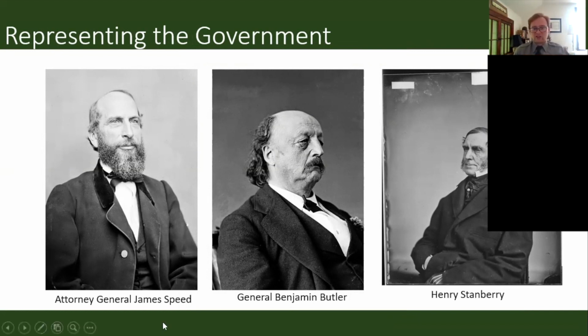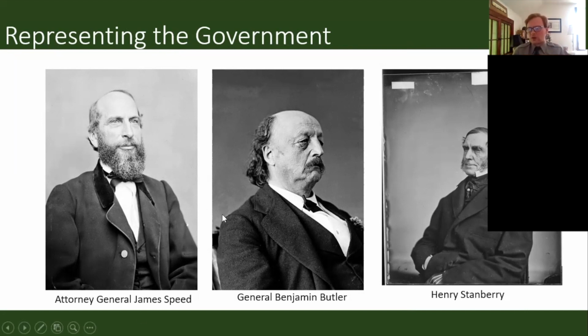Joining him as co-counsel was a former attorney general of the United States, Henry Stanbery, who's from Ohio, and Union General Benjamin Butler, who was most famous for his occupation of New Orleans, and to this day can be referred to as the Beast by some in the South.